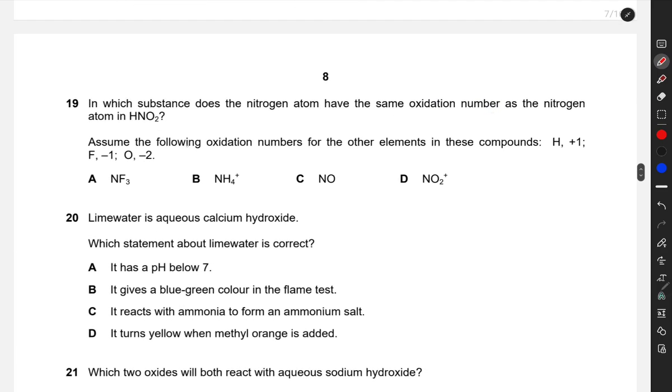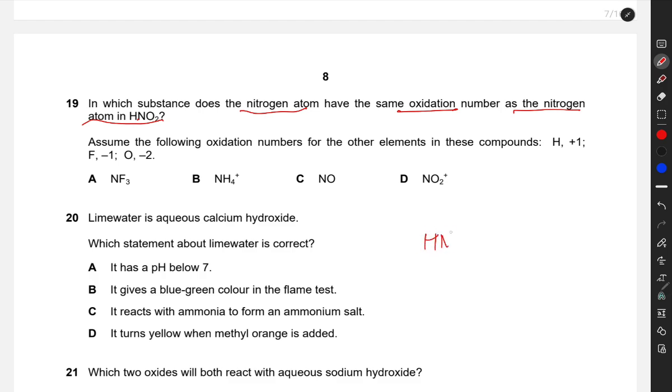Question number 19. In which substance does the nitrogen atom have the same oxidation number as the nitrogen atom in HNO2?